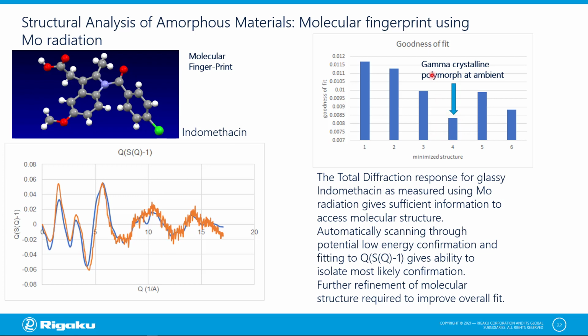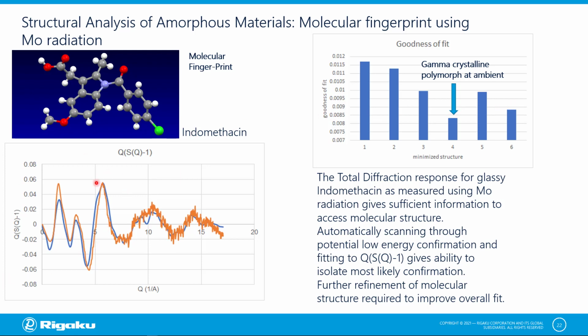And this corresponds to the gamma crystalline polymorph. This has a single molecule in the asymmetric unit, and that molecule for the ambient crystal structure gives really the best fit to the measured PDF. There's a second one that's close in goodness of fit, and this turns out also to be from the gamma crystalline polymorph, but this was at a slightly lower temperature.